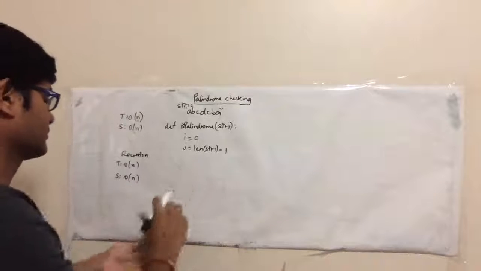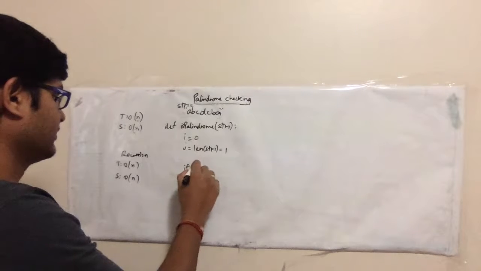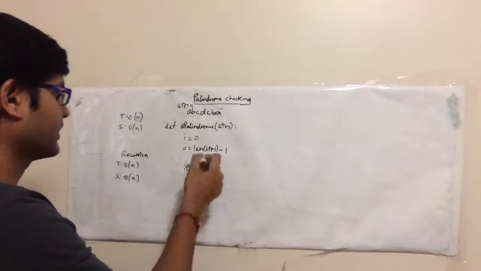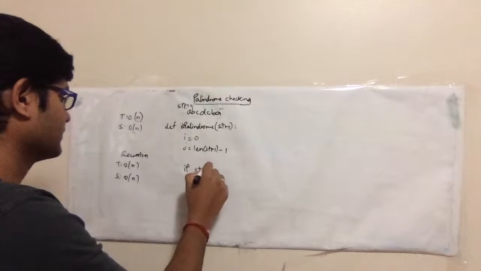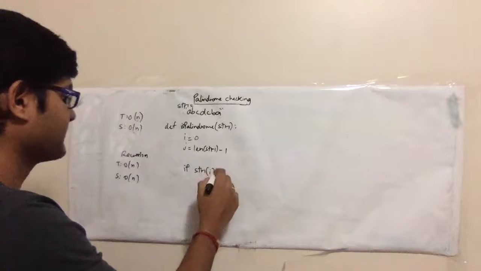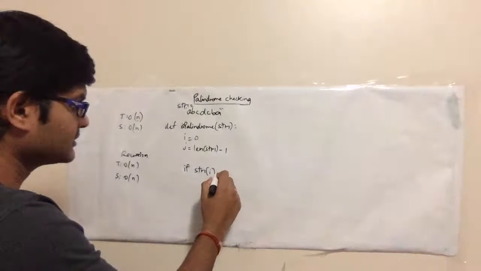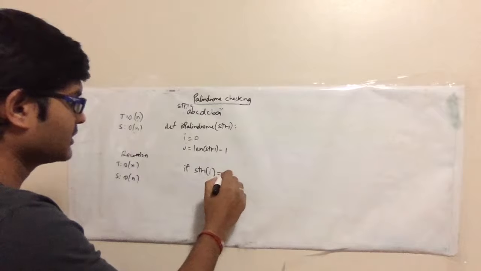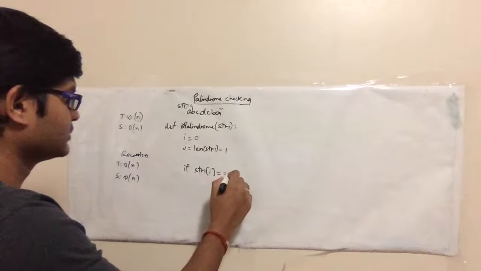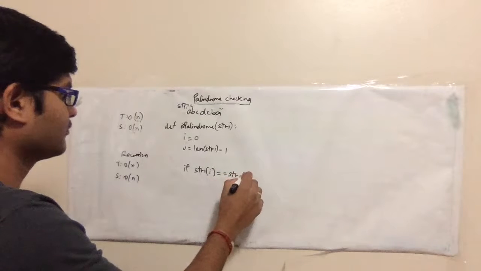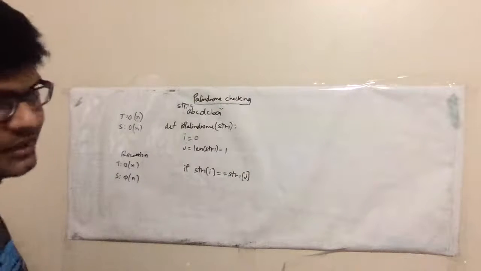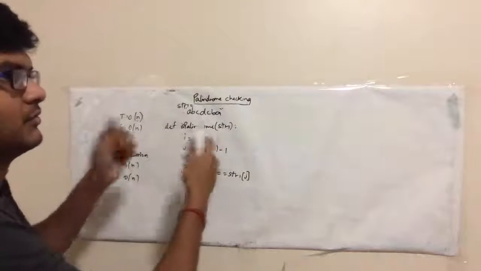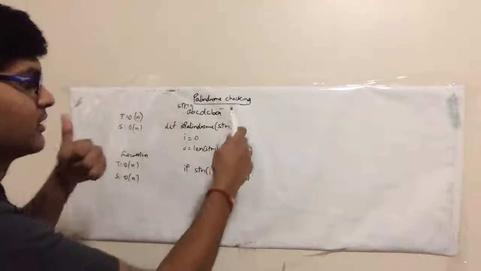If the first character, string 1 of i, is it equal to string 1 of j? That is the main thing, isn't it? So the first character and the last character.